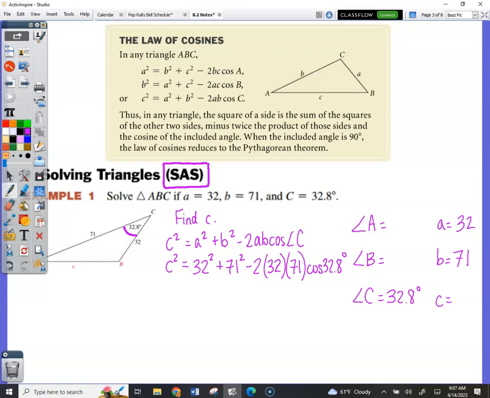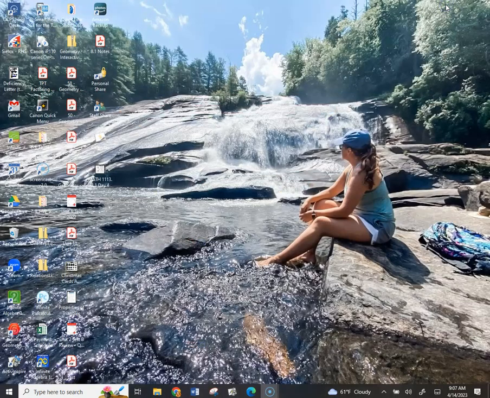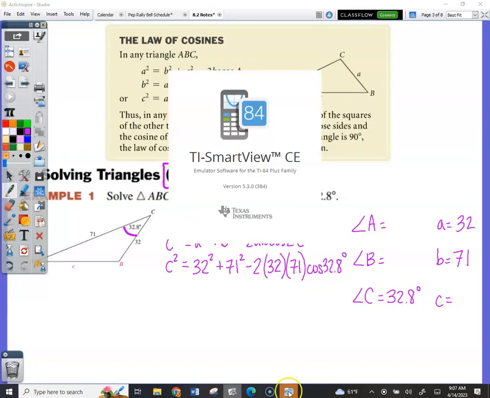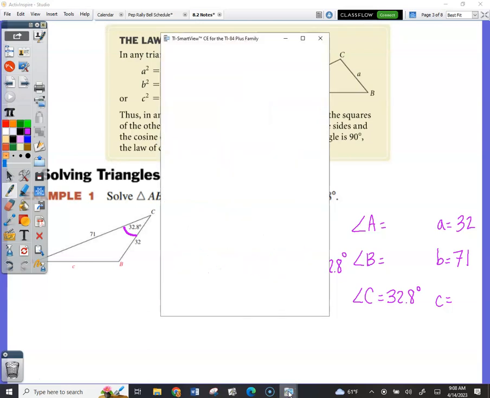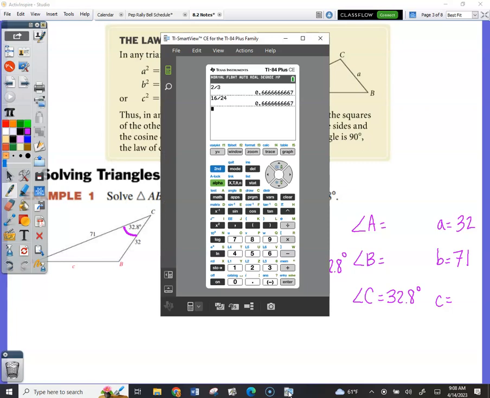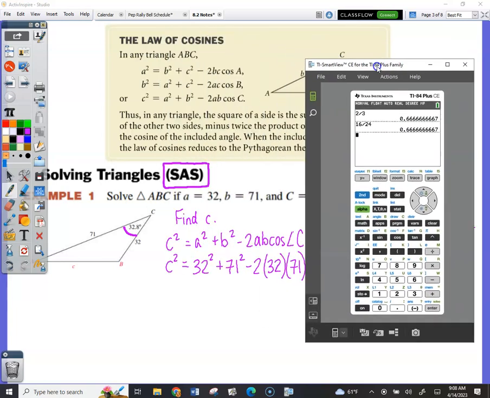Go to your calculator, type all that in. I went to the nearest tenth on all of them. Remember, make sure you're in degree mode.